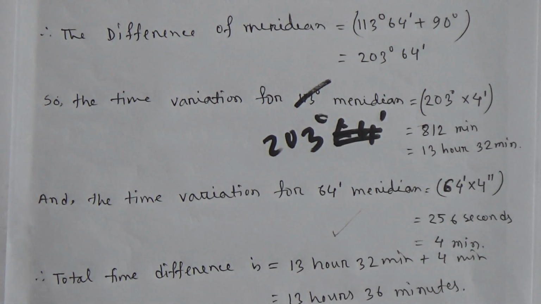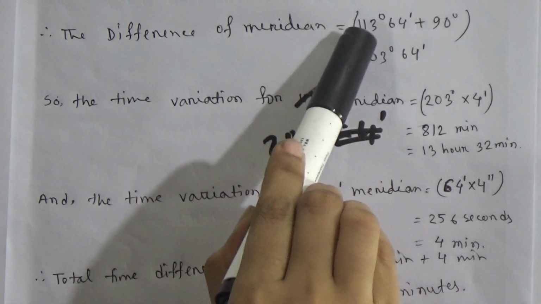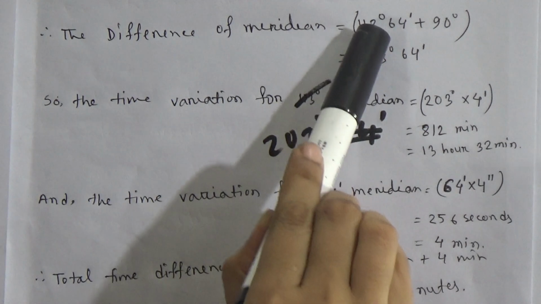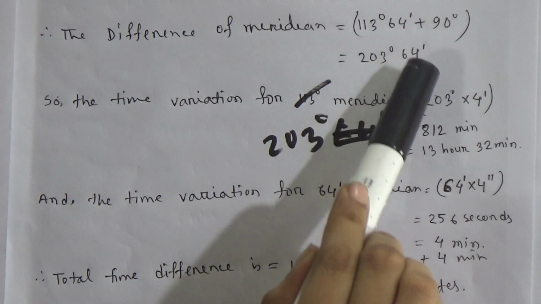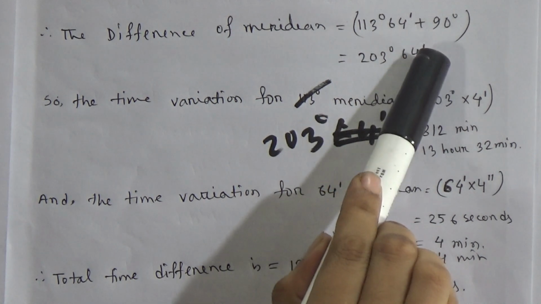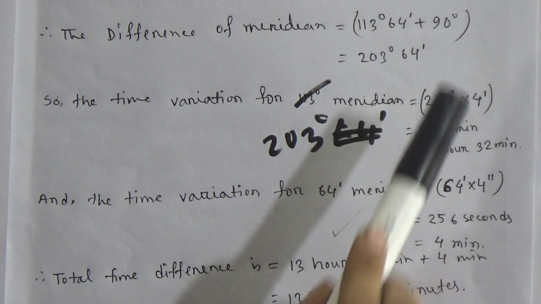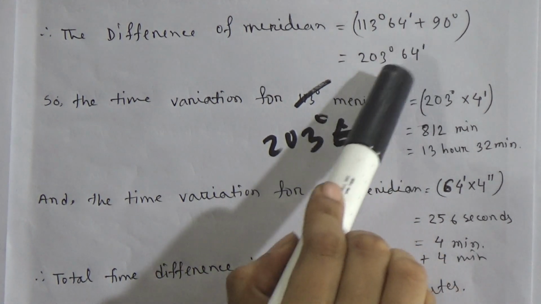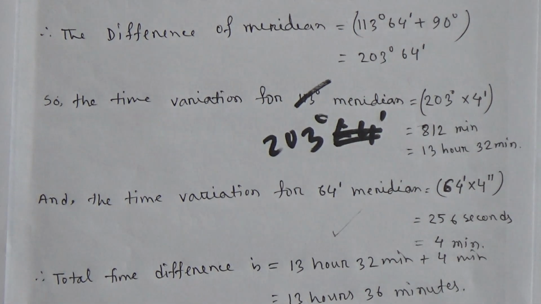Dear students, as we mentioned in the previous countries' time, for 113 degrees we will multiply with 4 minutes, and for the rest of the part, that means 64 minutes, we will calculate with 4 seconds. That means we will multiply 4 seconds with 64, and then we will determine the time, and then we will add both times together. Okay.